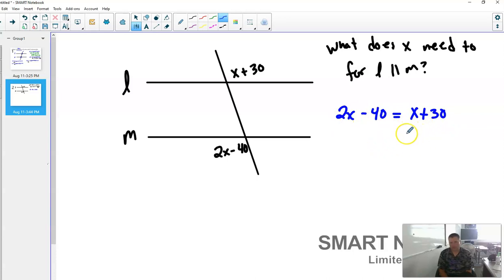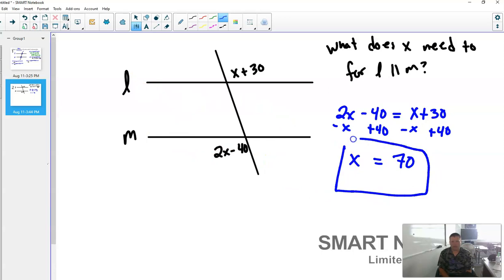I'd subtract the x over, so I'd have x, and then add the 40 over, and so x equals 70. That means x has to be 70. Otherwise, they are not going to be equal, or parallel to each other. This is the value that guarantees those two lines are parallel.